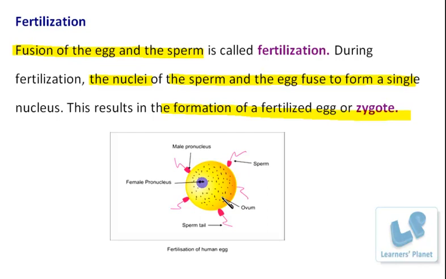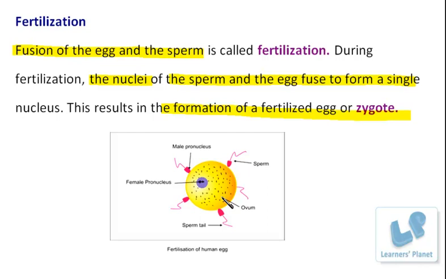Now the point is where this fusion is taking place. Well, while explaining the female reproductive system, I told you that fertilization occurs in the fallopian tube in human beings, right? But the thing is that there are different types of animals, isn't it?